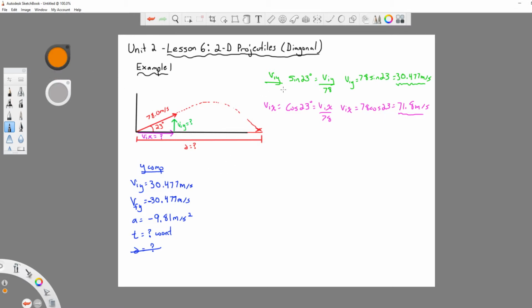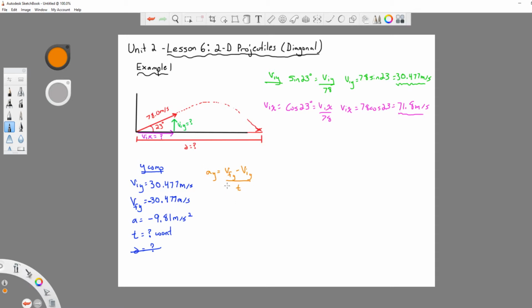The formula that worked for me was, in orange, acceleration in the y, which I don't know if we really have to specify that it's in the y, but whatever, is equal to VF y minus VI y all over time.